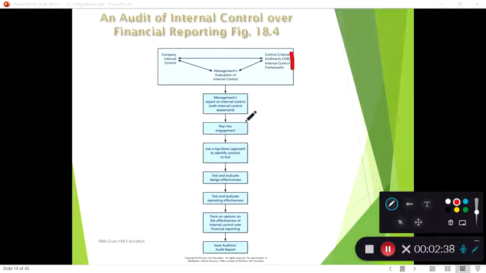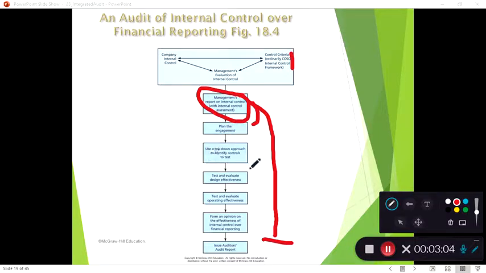And often the sequence of this is sometimes not necessarily following. A lot of times this management report is kind of happening off to the side, similar to the audit process, because we're doing this throughout the year, planning the engagement, using a top-down approach to identify controls to test, right?